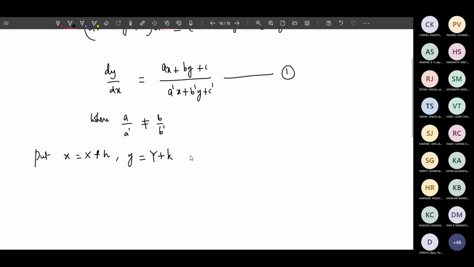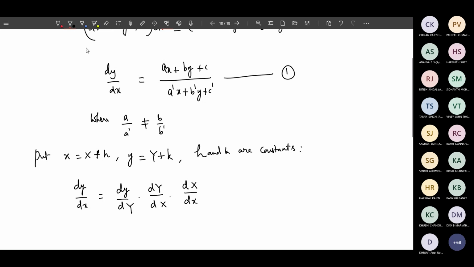Now the question starts here: what are these h and k? These two are constants to be chosen later, and how we will choose them I will explain now. The moment you have x equal to X plus h, y equal to Y plus k, then the derivative of y with respect to x: y is a function of capital Y, therefore dy by dY and dY by dX, because Y is a function of X, and dX by dx.